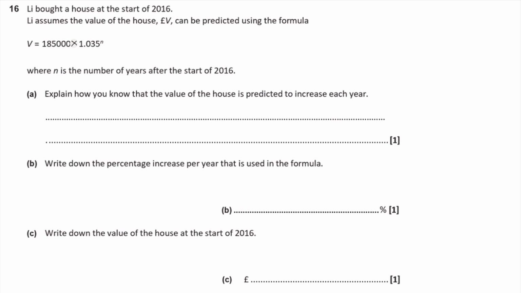Okay, well, you know it's going to increase each year because you're multiplying through by a number greater than 1. So the multiplier 1.035 is greater than 1, so it increases on multiplication.